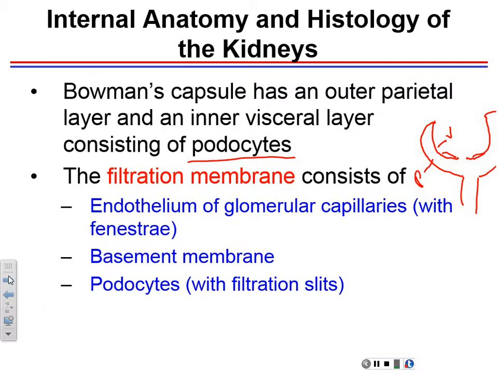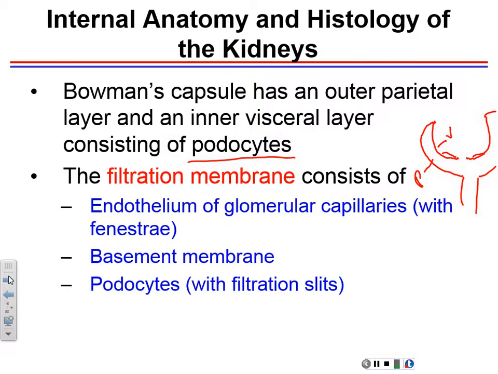This is the tuft of capillaries like this, and this is Bowman's capsule. The tuft of capillaries has the fenestrae, which are slits that open up and let the filtrate out. Then the visceral layer of Bowman's capsule, the one immediately surrounding the glomerulus, has the podocytes. Podocytes are cells that have processes like this that create slits, openings for the filtrate to go through. Okay?